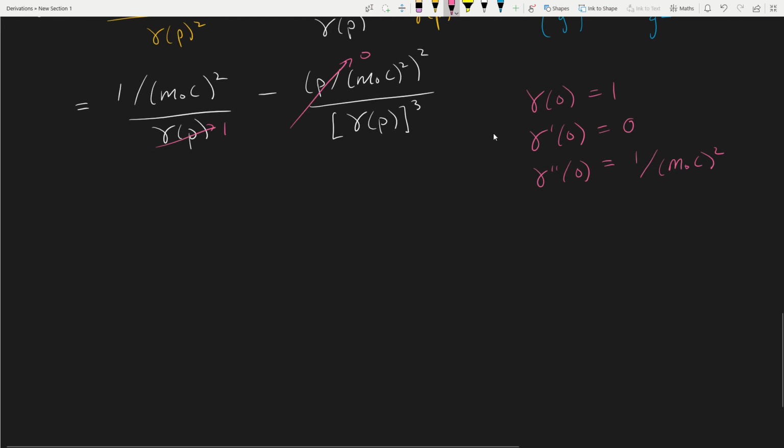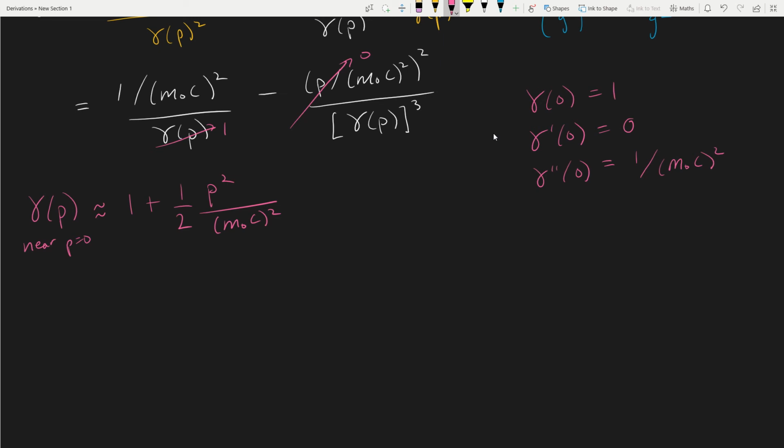So in our expansion we can say gamma p near p equals 0 is approximately equal to 1 plus 0 plus, I'll do the half first so we don't forget that, half, and then p squared over m naught c all squared.